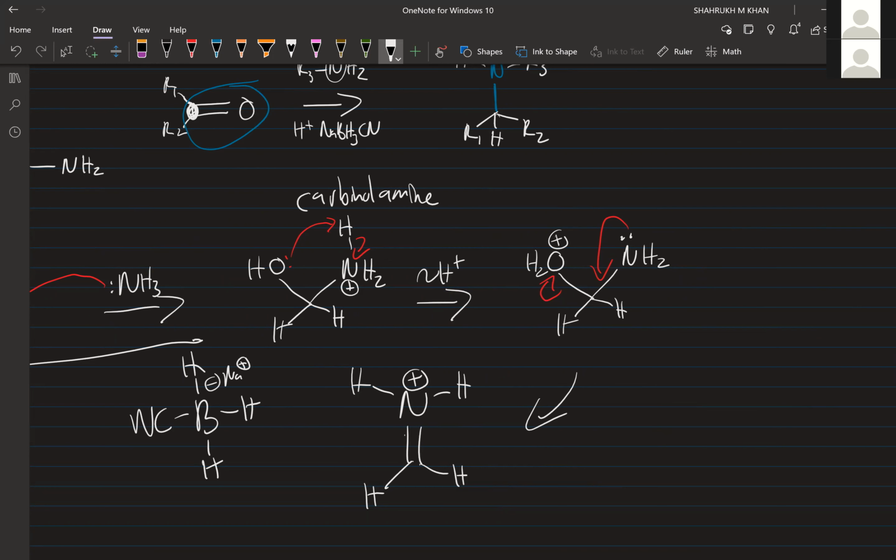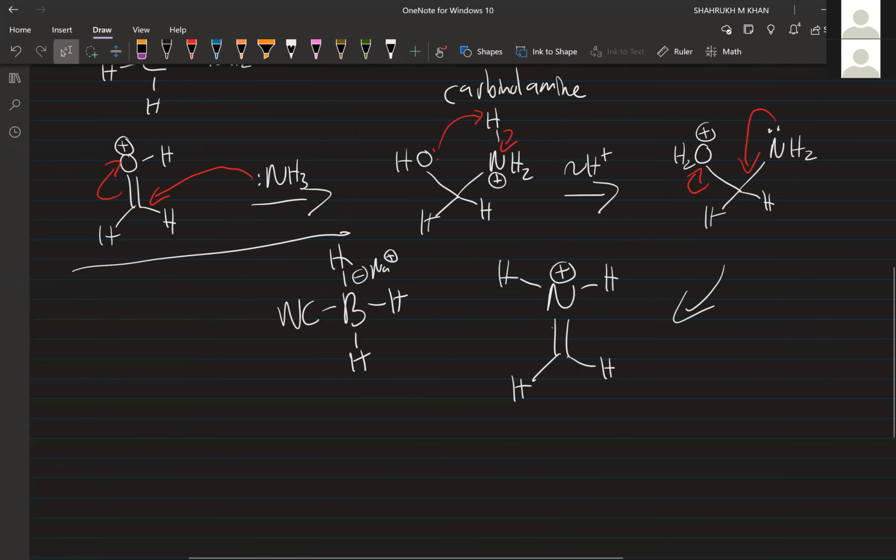Before it had both of these two, now it technically only has one, so it gained a formal charge there. And that's how you get your protonated version here. Does that clear it up? Just follow the charges. Are we good here? Can I continue?